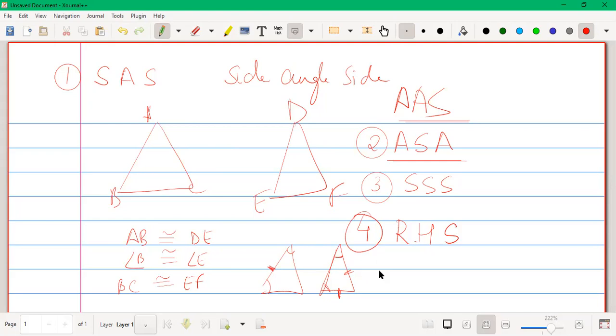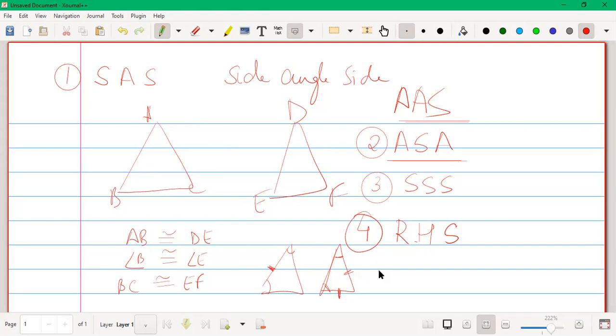Now, in order to prove that BP bisects angle ABC, you have to show that these two triangles are congruent, and then you will show that the angles are equal because corresponding parts of congruent triangles are congruent. So already you have shown that PM is equal to PN and angle M is equal to angle N, being the right angles.